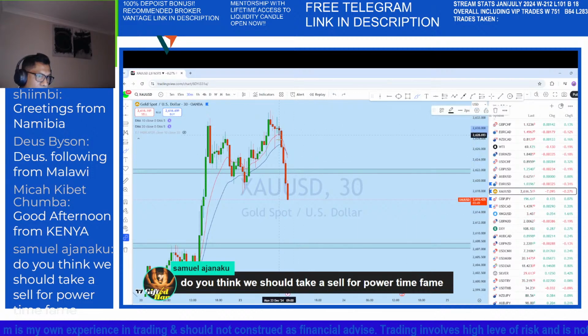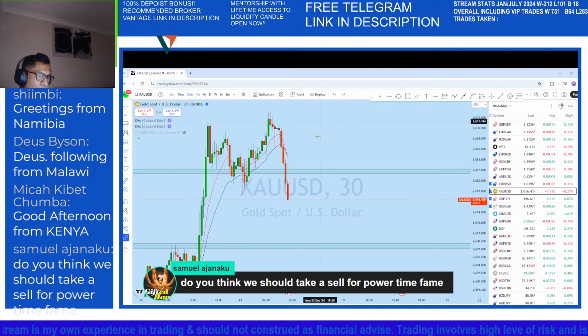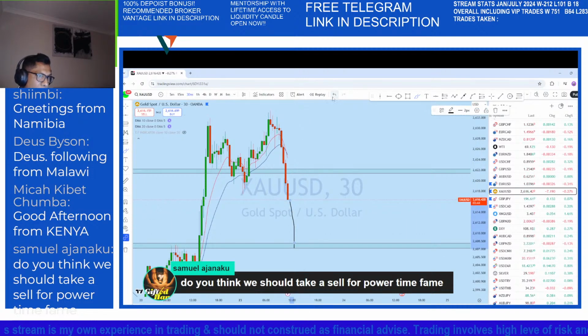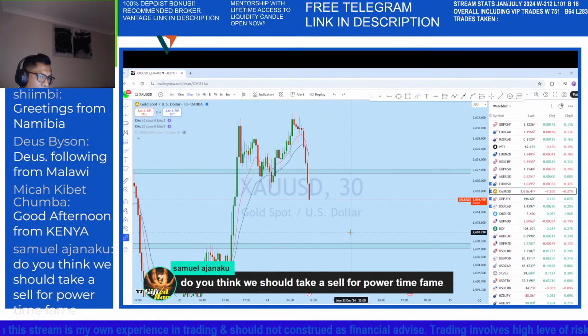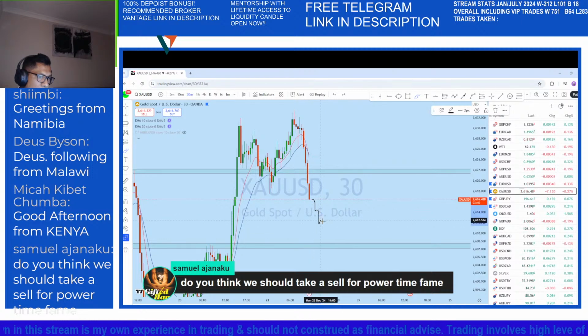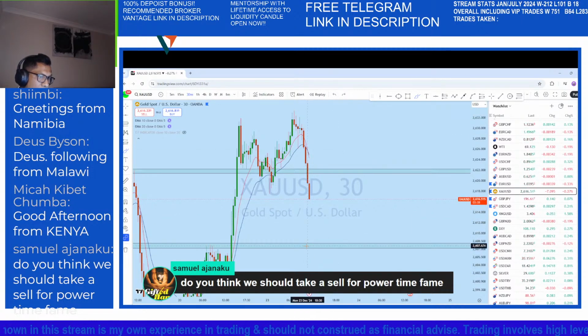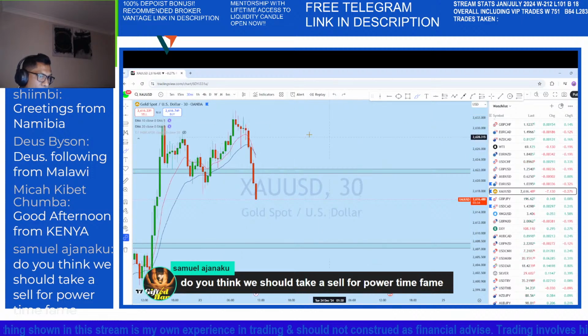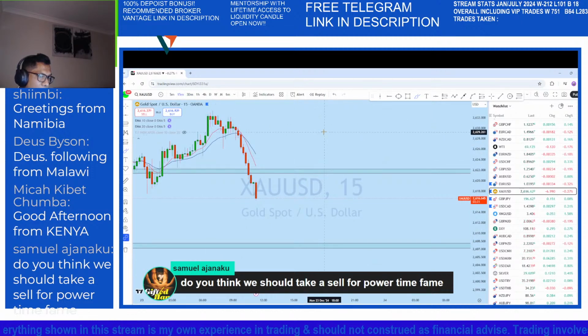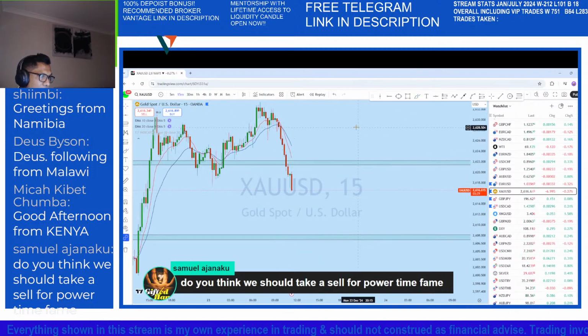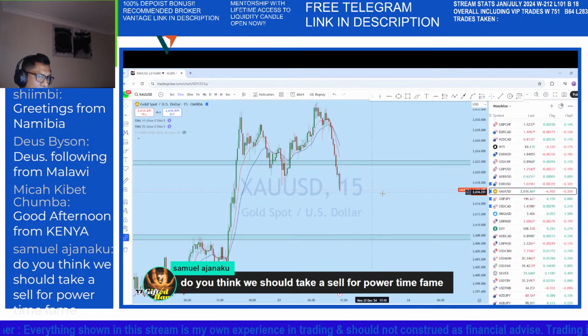It's a very sharp drop here, and with a sharp drop we can expect the market to come back to this support level. With that support, we expect the market to come back here before it moves up again to create a new higher high. So looking at the 15 minutes, you can see the market trending down.